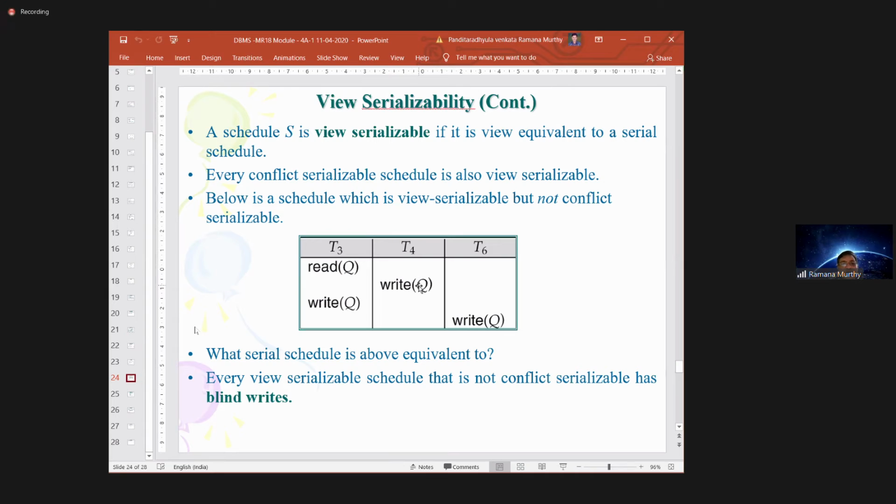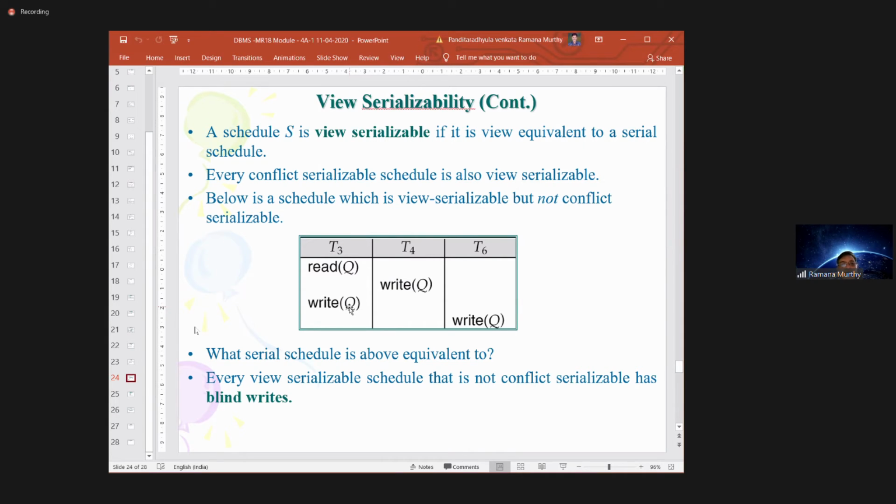Similarly, value modified by T4 is modified by T3, modified by T6. View serializable. Okay, but not conflict serializable because that modification of T4 or T3, the values, both are 2 write operations, is a matter.